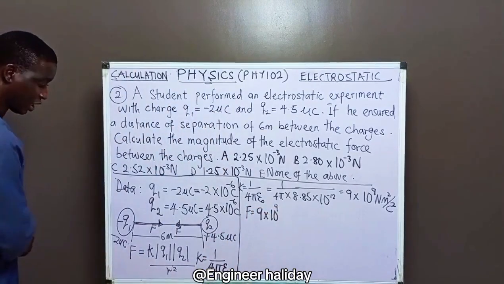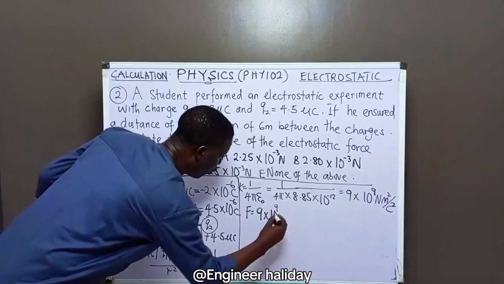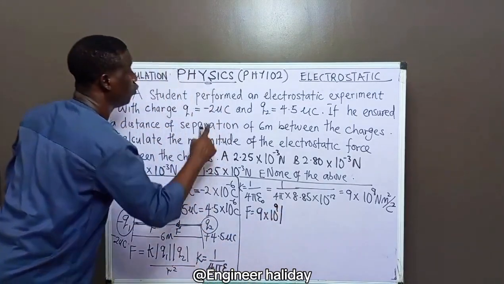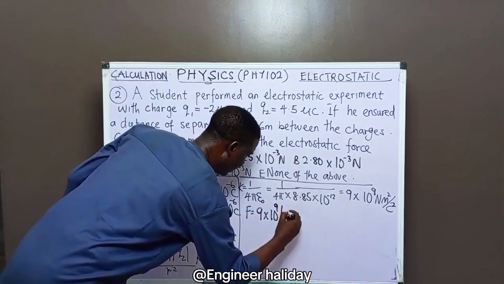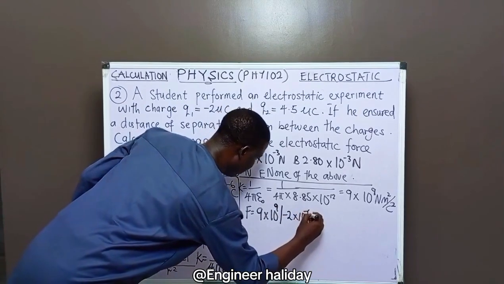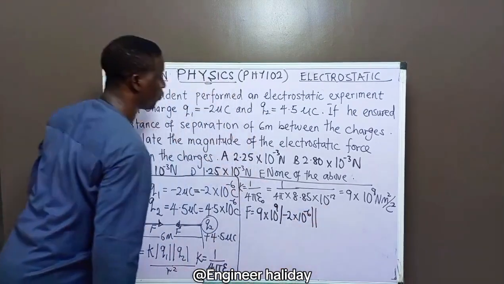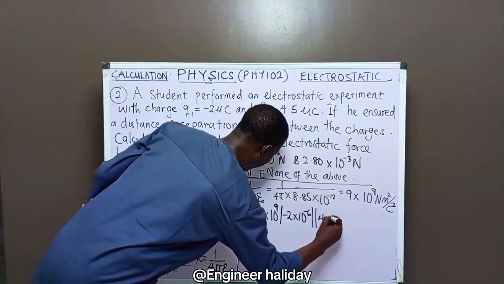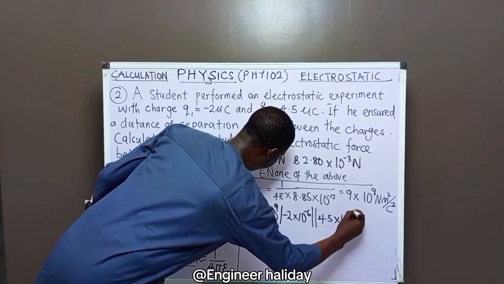What about our Q1? Don't forget, absolute of 2 times 10 raised to the power of minus 6, because we are looking for it in magnitude, and absolute again of Q2, which is 4.5 times 10 to the power minus 6.